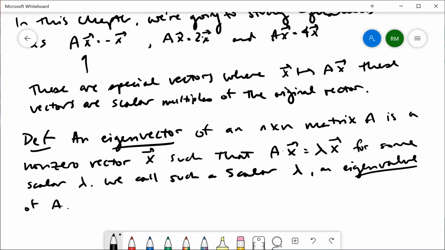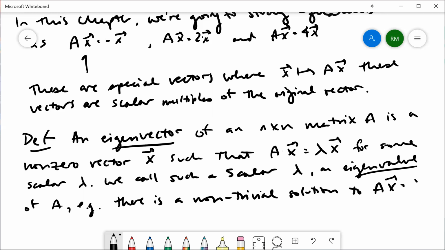E.g., there is a non-trivial solution to Ax equals lambda times x.